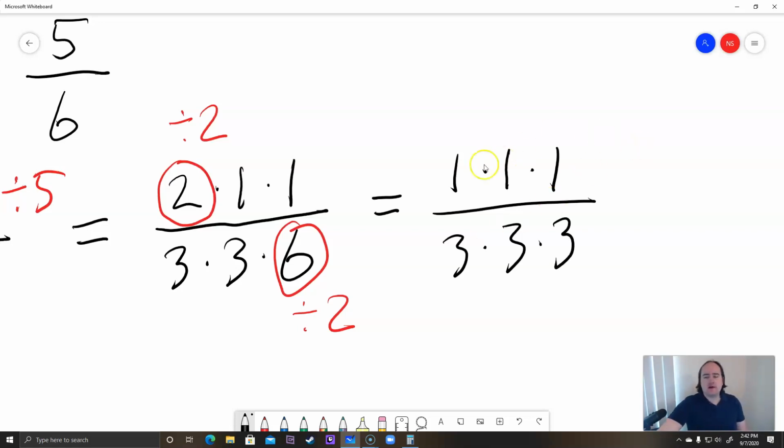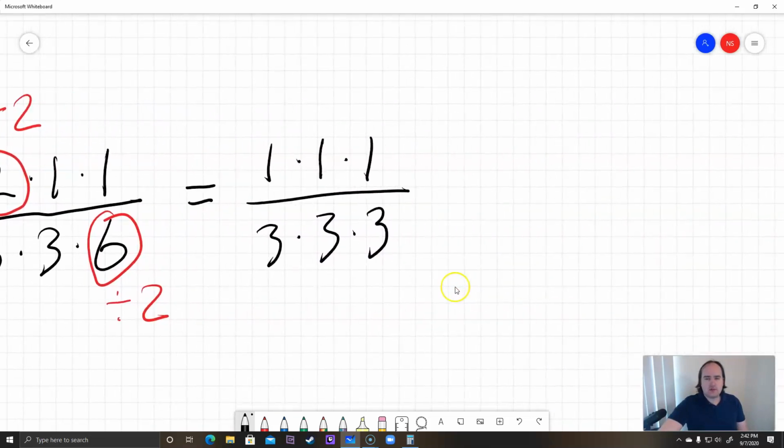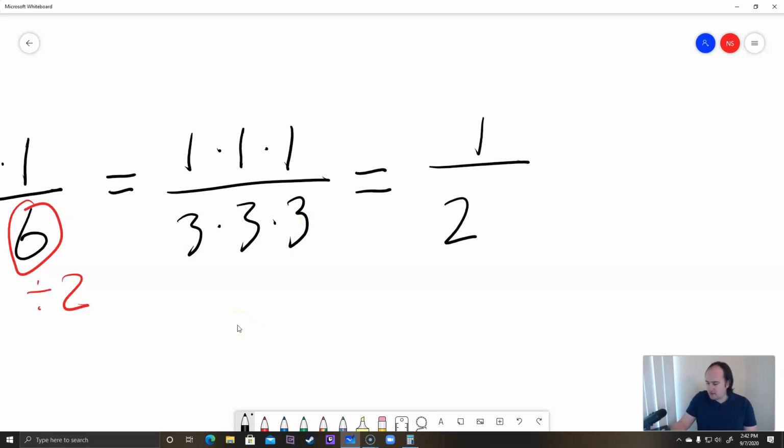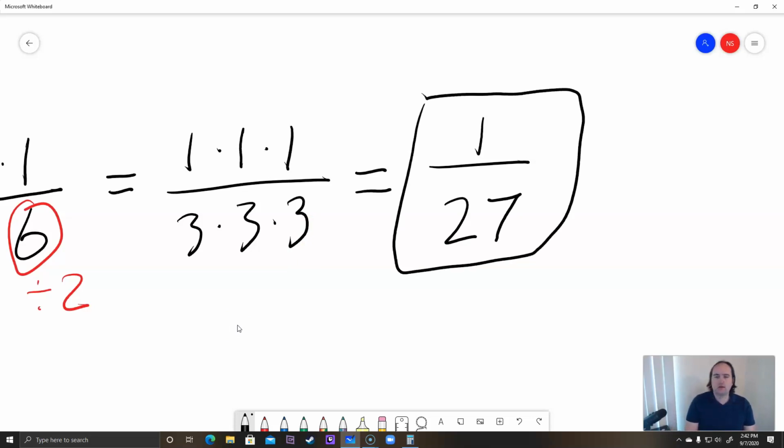Now we don't have any common factors, so we go ahead and multiply everything out. On the top, 1 times 1 times 1 is 1. On the bottom, 3 times 3 is 9, times 3 is 27. So our answer is 1 over 27.